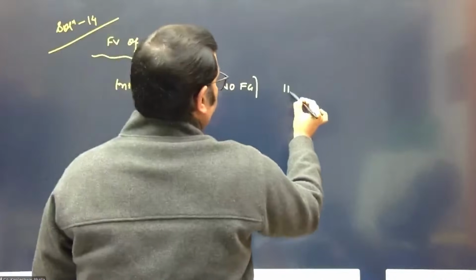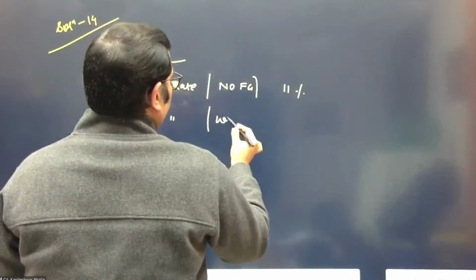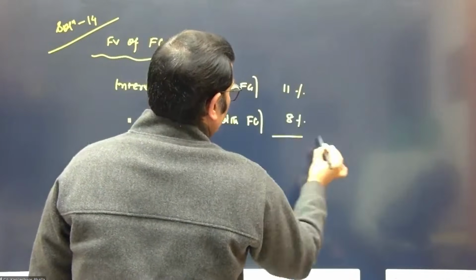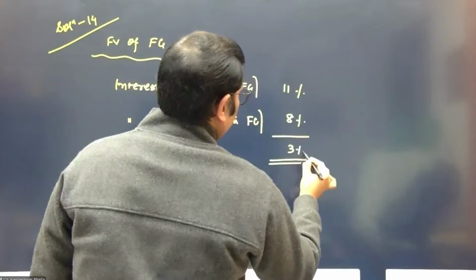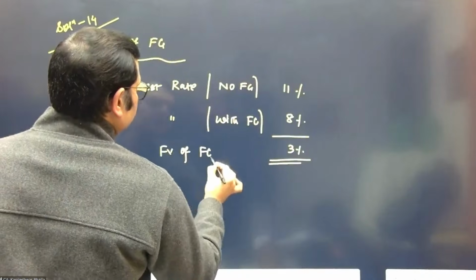It's 11%. And what is the interest rate with financial guarantee? That is 8%. So you can say that 3% basically represents the fair value of the financial guarantee.